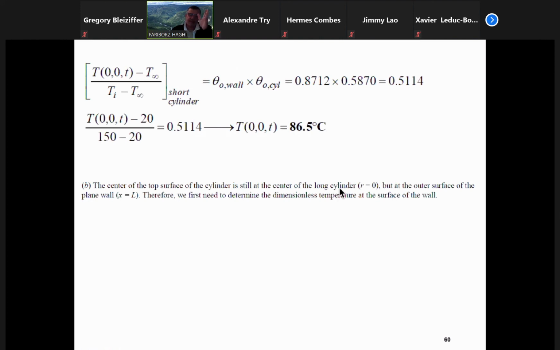At the center, R is equal to 0. But now we will look at the surface of the plane wall. The procedure is exactly the same as before. You have to calculate for the center of the cylinder. We did it right here. But now we have to calculate for the wall at x equal L rather than x equal 0. Let me know how you're going to do that part.